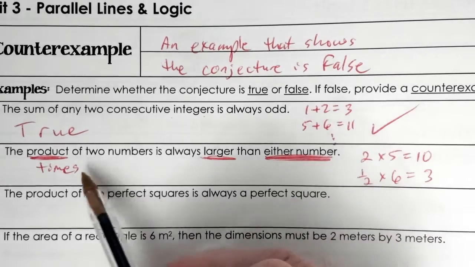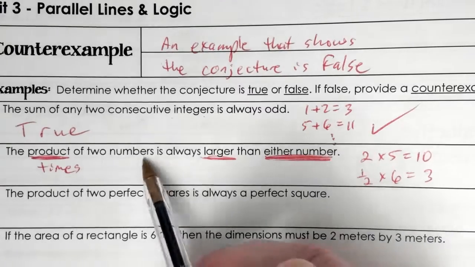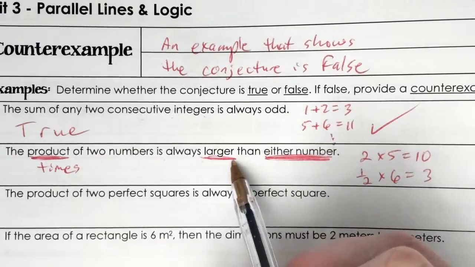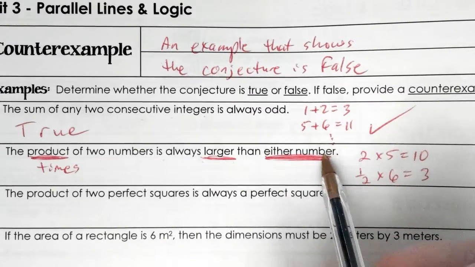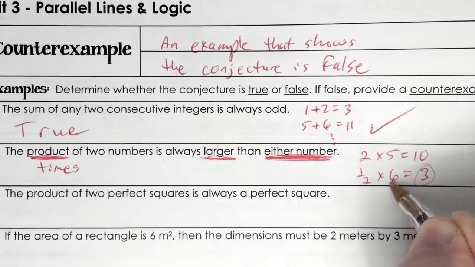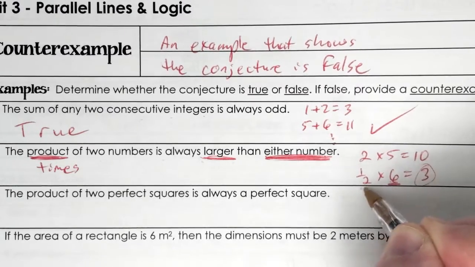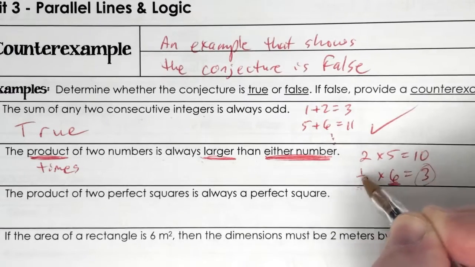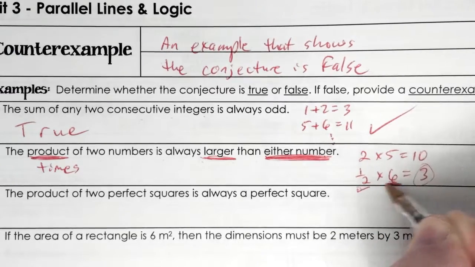Okay, so it said the product of two numbers is always larger than either number. And this right here is smaller than this. So this one checks out because it's larger, but this one does not.